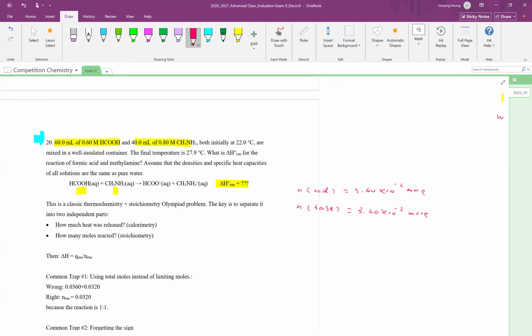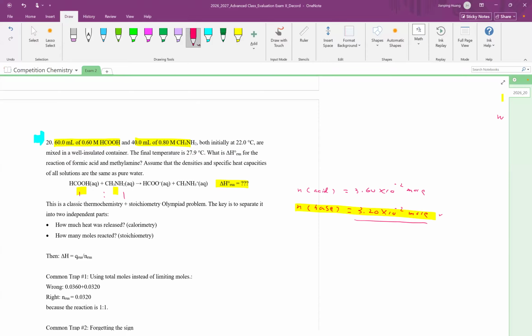Which one is the limiting agent? Since the reaction is a 1-to-1 ratio, the limiting agent is this one. I'm going to highlight this one. That's the limiting agent. Okay, that's the first thing we decide. Limiting agent is what? It's this one, which means we'll take this mole. Okay, that's what we do here.